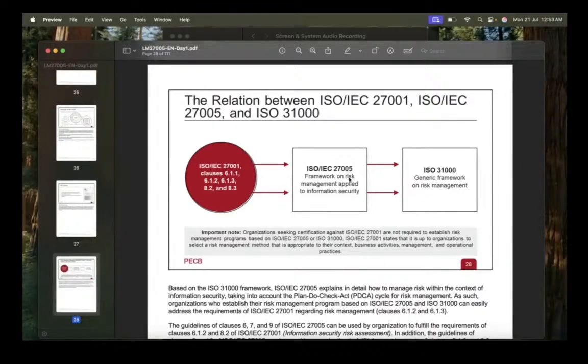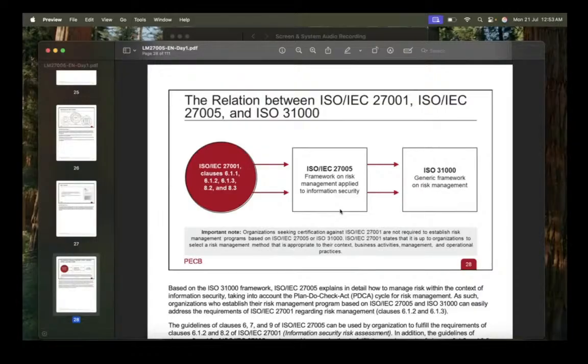So basically, it is showing us the difference between ISO 27005 and ISO 31000. 27005 is the framework on risk management applied to information security, while ISO 31000 is a generic framework on risk management.